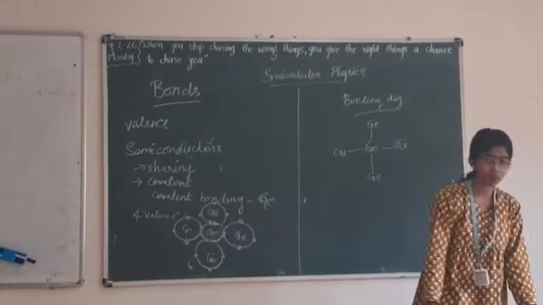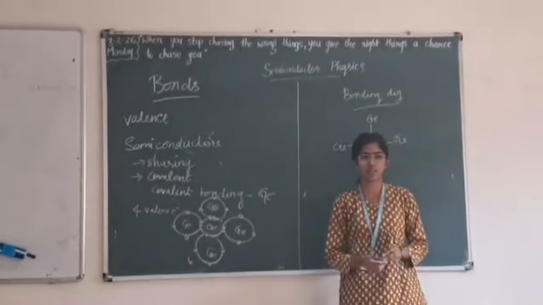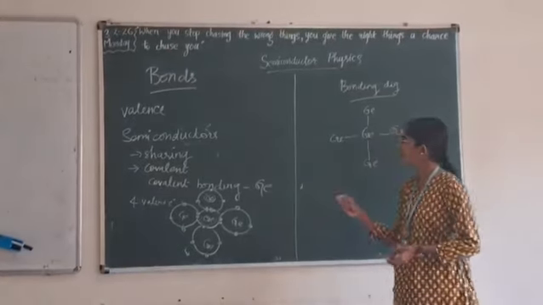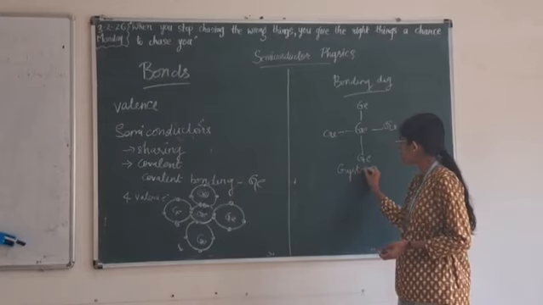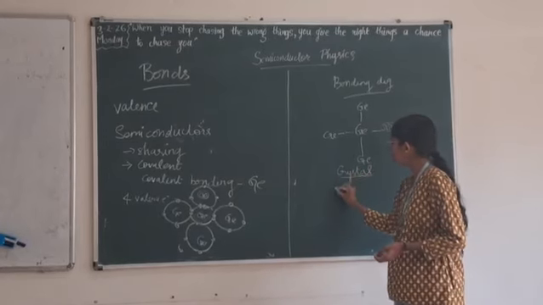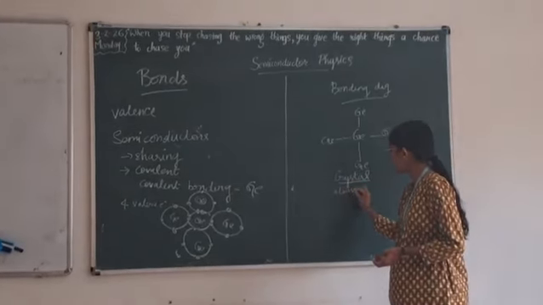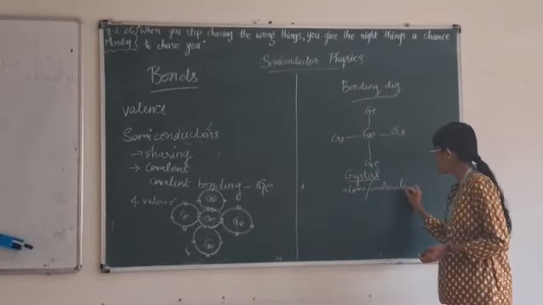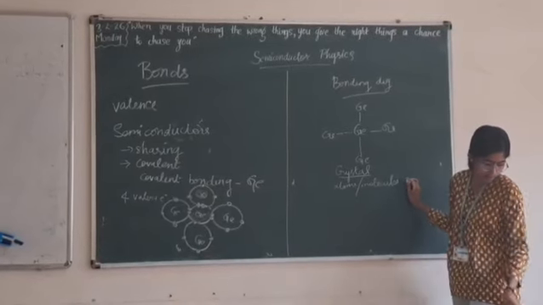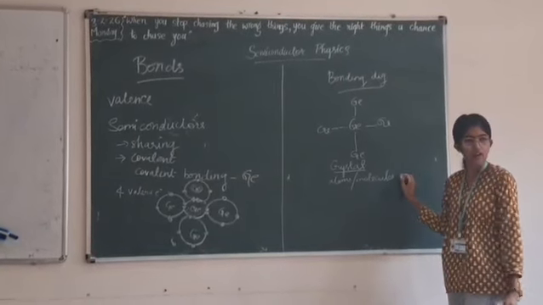Now we usually call germanium as germanium crystal, right? So what are these crystals then? Crystals are substances in which atoms or molecules are having a well-defined structure or an orderly pattern.